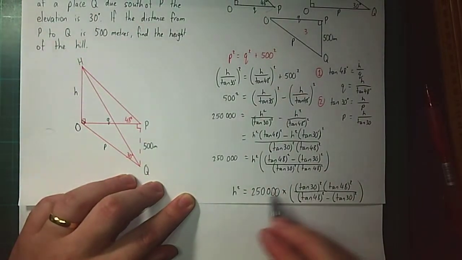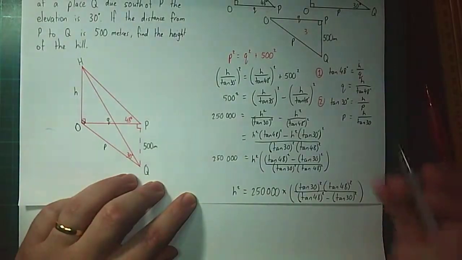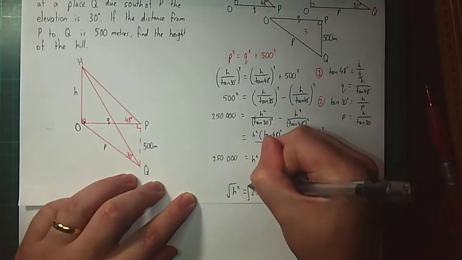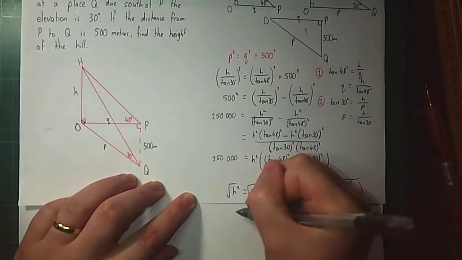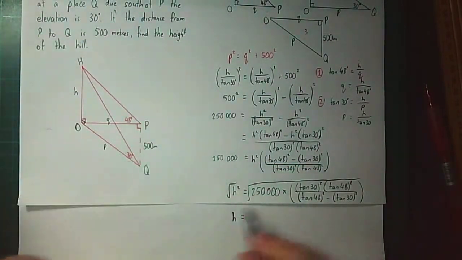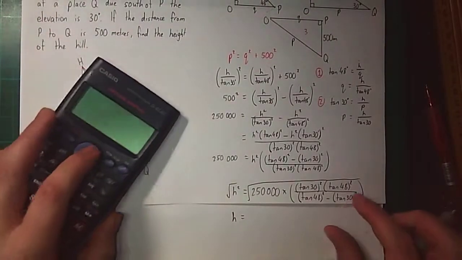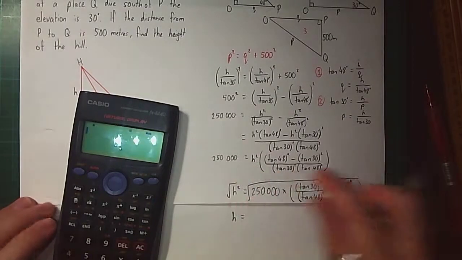If we evaluate that, we'll get the equivalent of H squared. If we square root both sides, we'll be able to get just H. We'll take the positive value for H because it's a length, so it has to be positive. Then we just type all of that into our calculator.